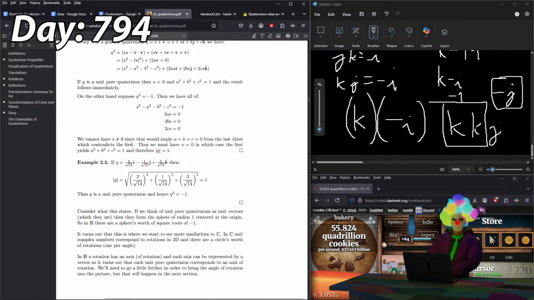We cannot have s equal to 0 since we will apply that a is equal to b is equal to c is equal to 0. Right. Wait, what? q is equal to negative 1. Then we have 2as equal to 0, 2bs equal to 0, 2cs equal to 0. Pardon?